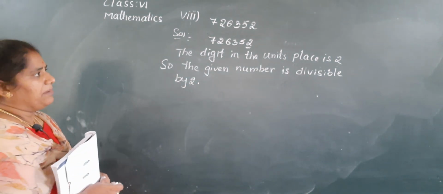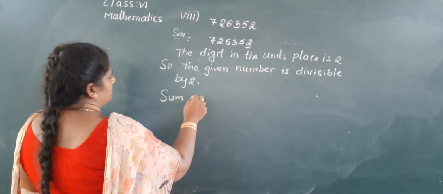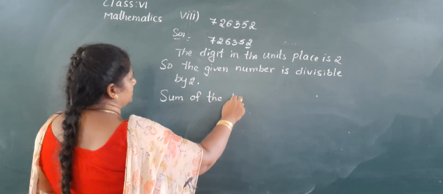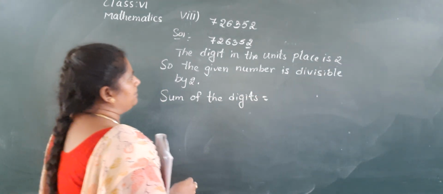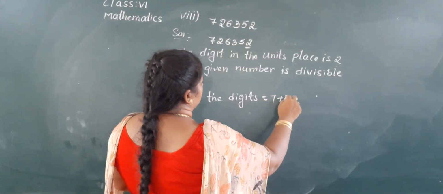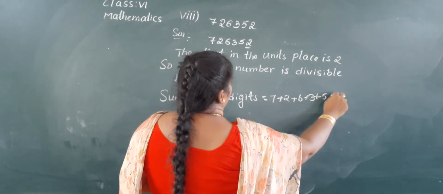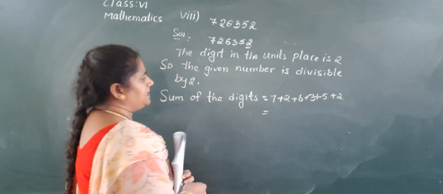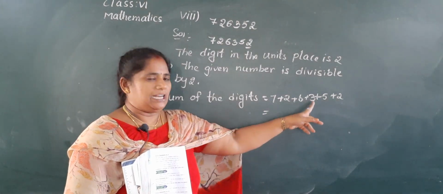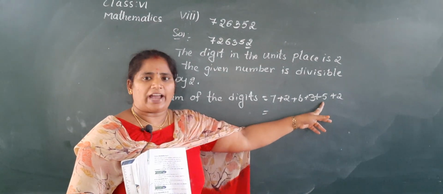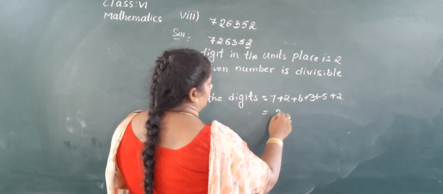Okay, now we have to check divisibility by 3. So you take the sum of the digits in the given number. Tell me, children. Yes, 7 plus 2 plus 6 plus 3 plus 5 plus 2. Add these digits. 7 plus 2 is 9, 9 plus 6 is 15, 15 plus 3 is 18, 18 plus 5 is 23, 23 plus 2 is 25.